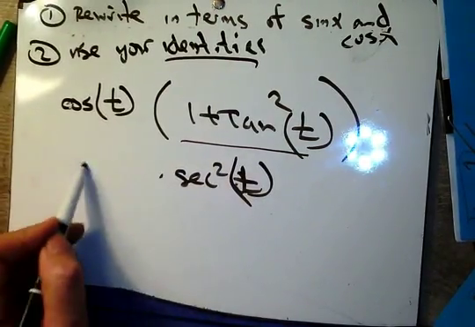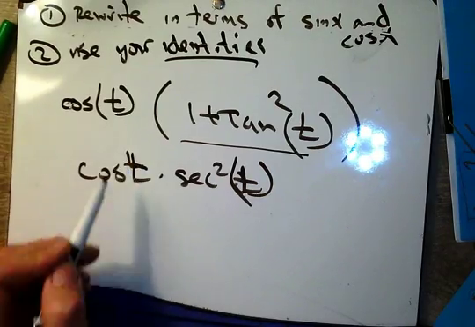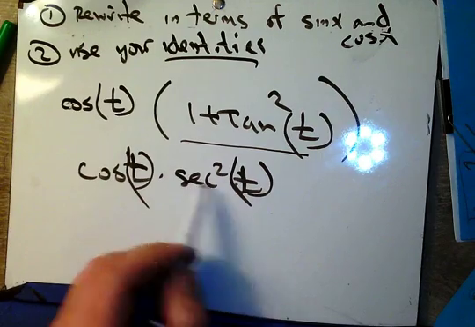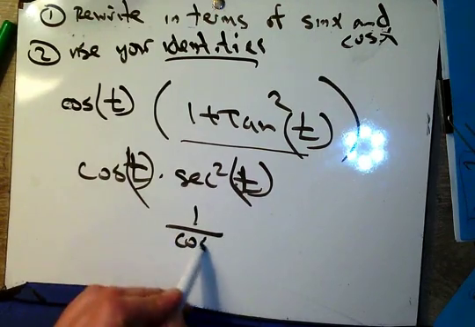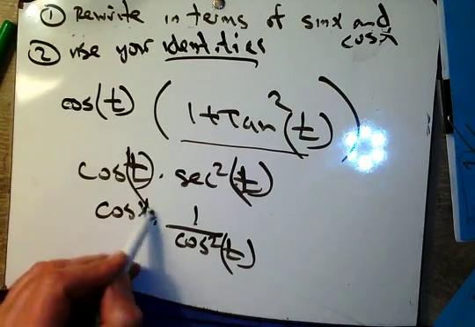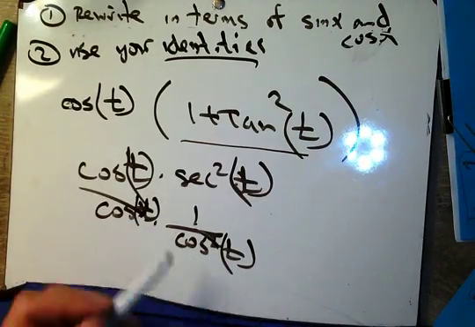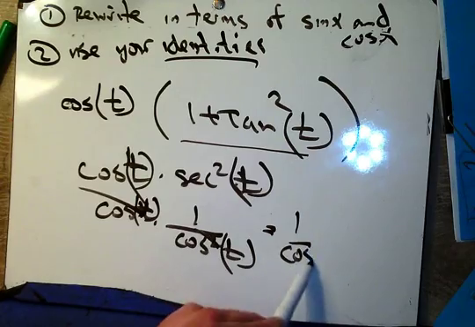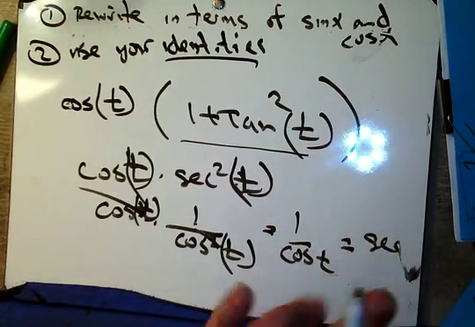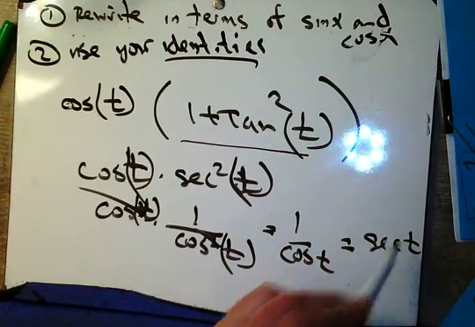And we still have times cosine t. Cool. Well, I know from the reciprocal identities that secant squared is 1 over cosine squared, times cosine. I can cancel out 1 with 1. That gives me 1 over cosine, which is secant. Oops, not secant theta, secant t.